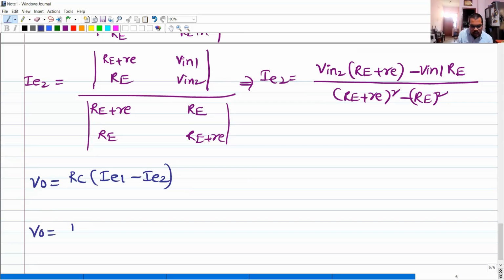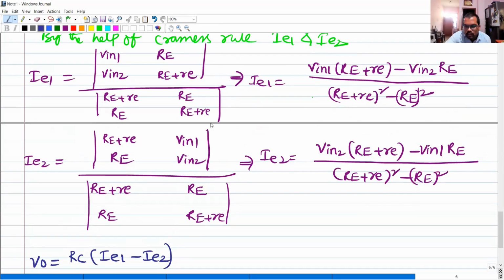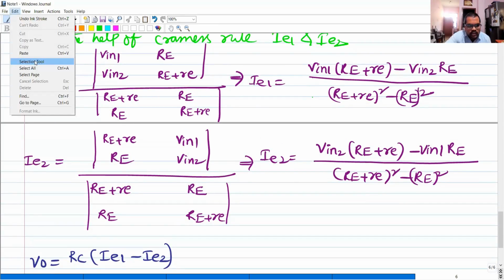Now V0 is equal to RC. What is IE1, IE2? V in 1 into RE plus RE minus V in 1 RE. I want to copy that one so that it is easy.